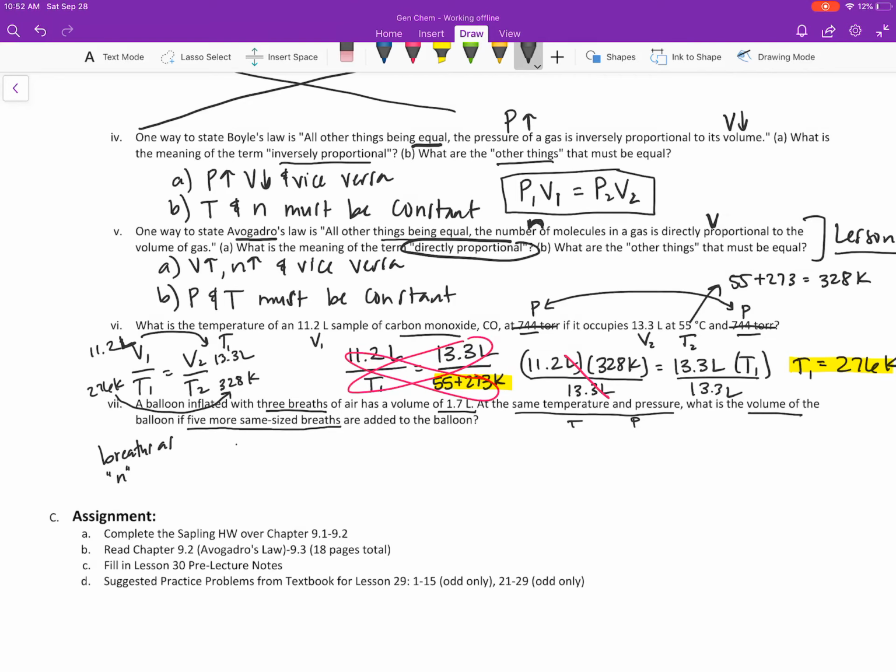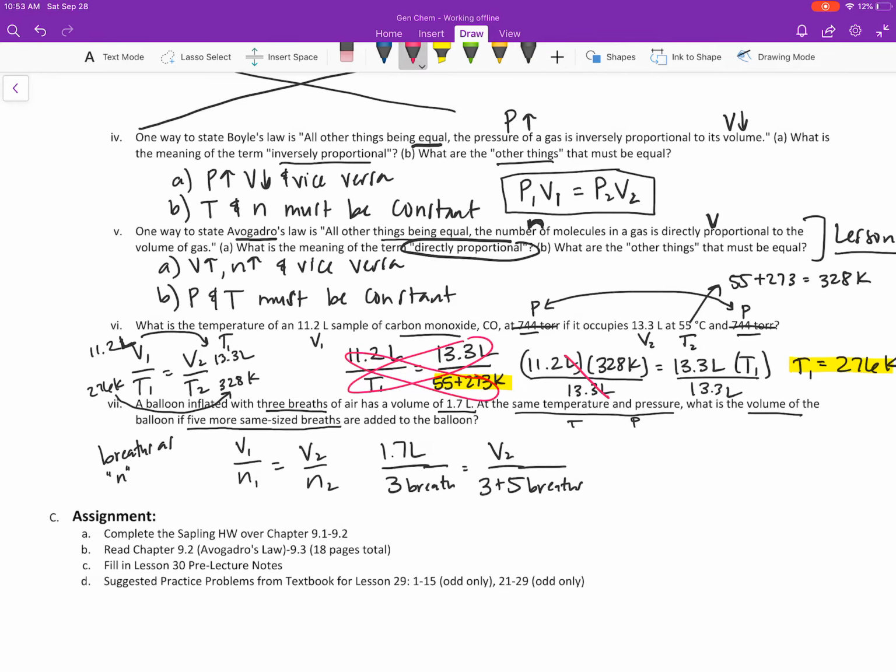Okay, so if I have V1, N1, V2, N2, they're directly related, and I know that my volume when I have 3 breaths of air is this, and I want to know what my volume is when I add 5 more. So I need to add 5 to my 3.